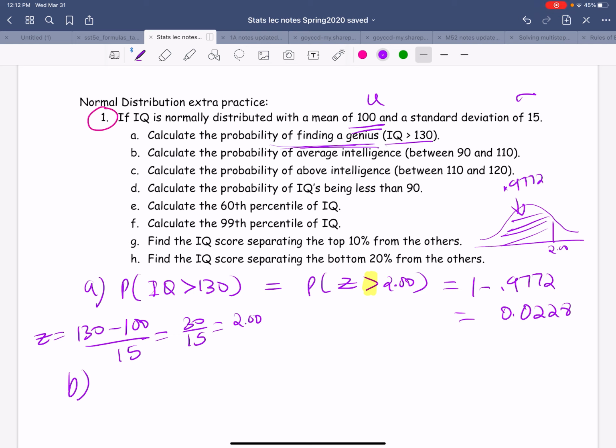Calculate the probability of average intelligence between 90 and 110. So average intelligence, again, we always have to convert. So we're looking for IQ between 90 and 110.